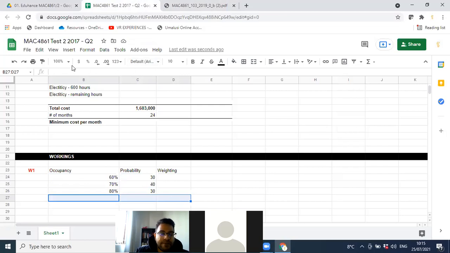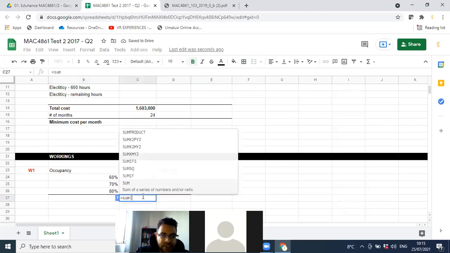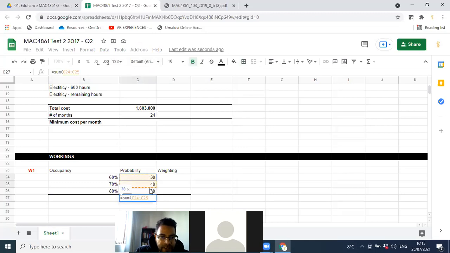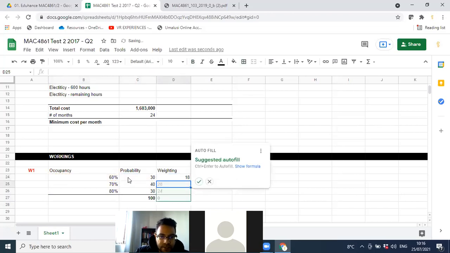The probability must always add up to 100%, or 1, depending how you write it, but it must always add up to 1. Or in my case, I'm going to add up to 100. So that's fine. The weighting is going to be 60 times 30.